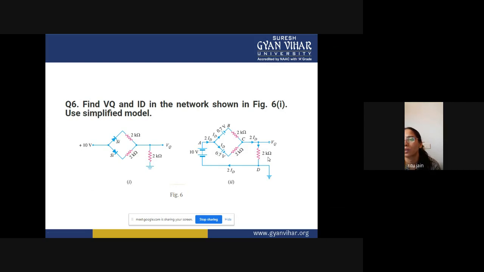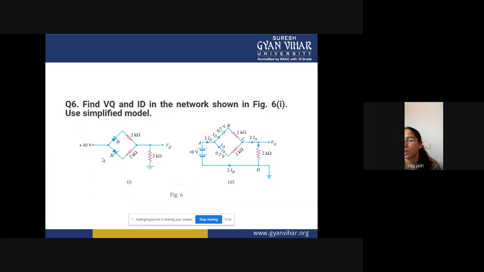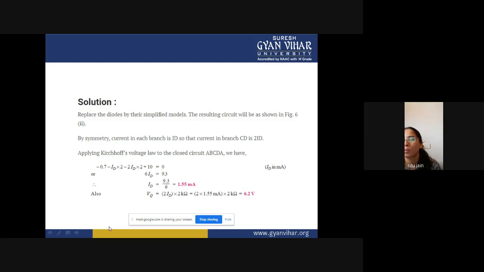Applying Kirchhoff's voltage law to the closed circuit ABCDA, so we are applying KVL in this outer loop. When you apply KVL in this loop, you will find plus 10 minus 0.7 minus 2ID minus 2ID is equal to 0.